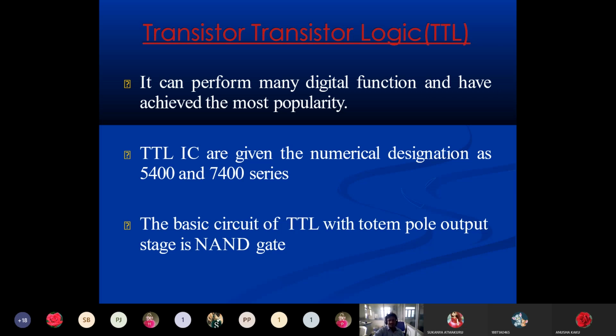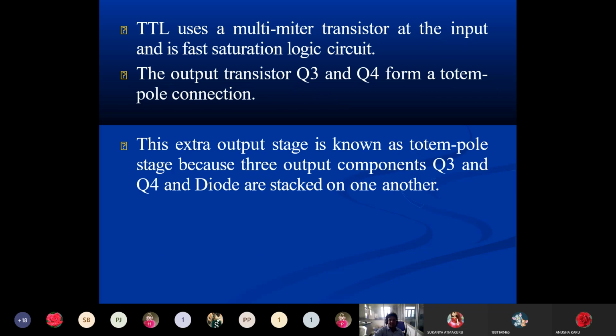TTL ICs are numerically designated as the 5400 series and 7400 series, and the basic circuit for TTL is a single stage NAND gate with totem pole output. TTL uses a multi-emitter transistor at the input and is a fast saturation logic circuit.